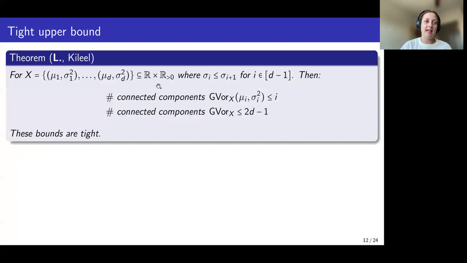Moreover, there is more going on than just accurately bounding the number of components of the given cell and then adding everything up. If I added up the sum from i equals 1 to d of i, of course, I get d choose 2, something quadratic in d, but actually the number of connected components is at most something linear in d. So there are two pieces here.